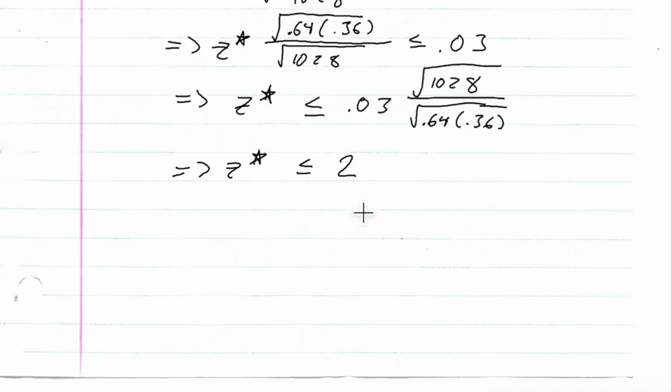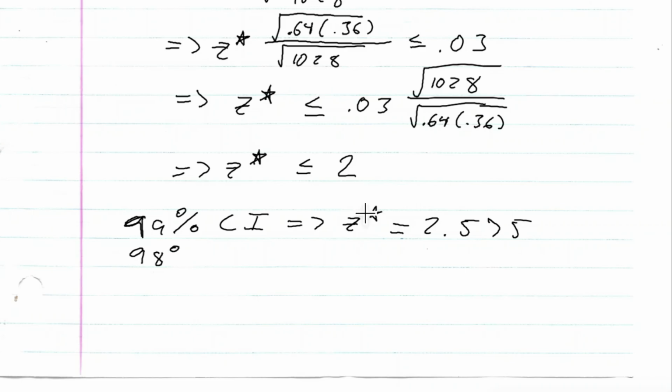Well, remember from our past problems, a 99% confidence interval is associated with a z value of 2.575. For a 95% confidence interval, that is associated with a z value of 1.96.